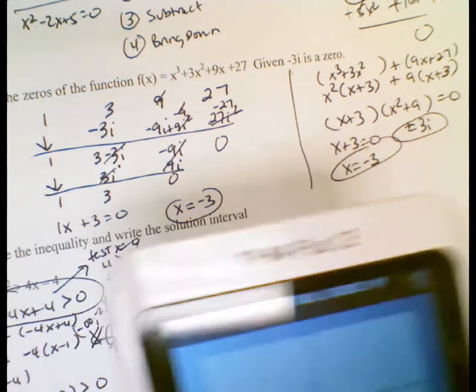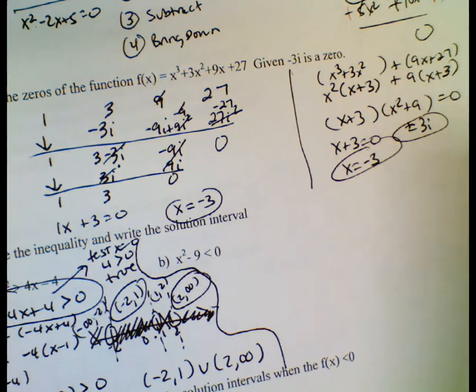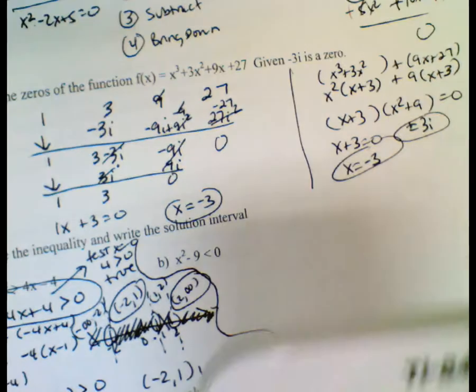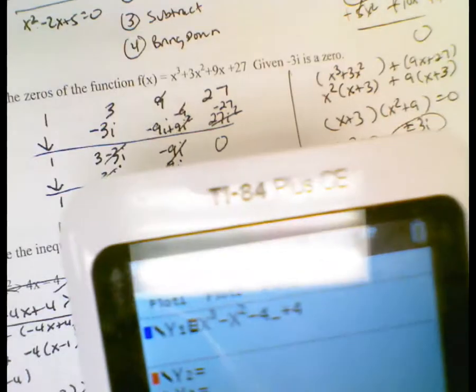All right, where is it greater than 0? This is what it's asking. Did I punch it in right? Oh, I didn't punch it in right. Whoops. I kept thinking something looked wrong. I forgot the 4. I'm going to insert, second insert, 4. There we go. Now it should make sense.